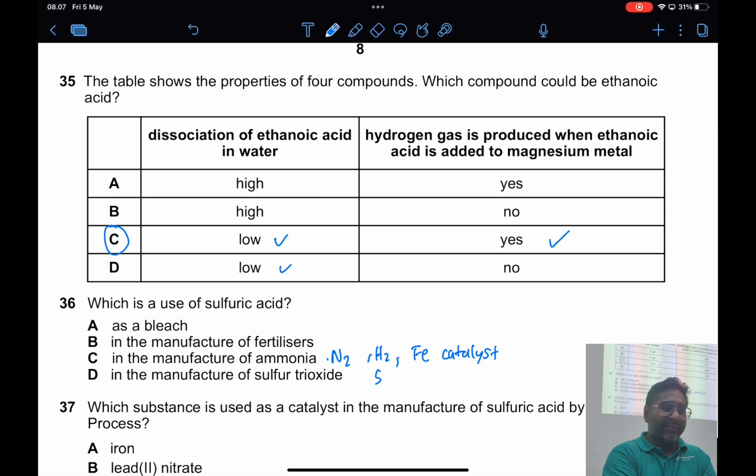For sulfur trioxide, you just take sulfur and react it with oxygen, you get sulfur dioxide. After that, the sulfur dioxide can react with oxygen to give you sulfur trioxide. But without the use of the acid. They do use a catalyst for this.